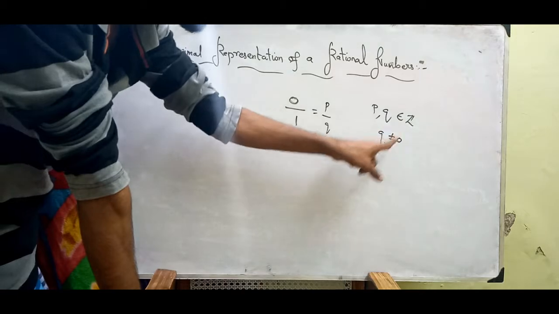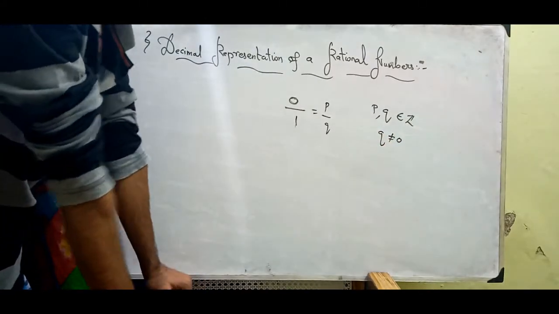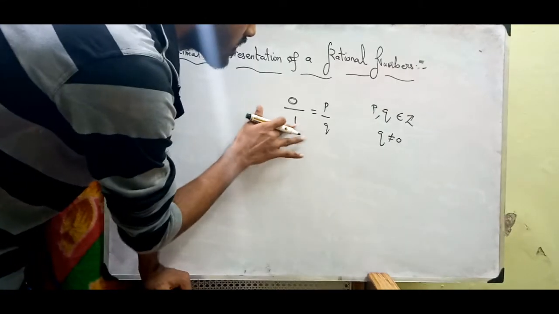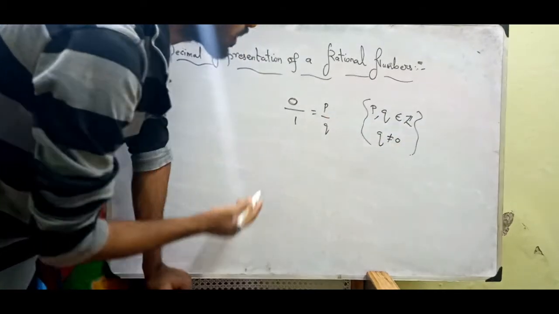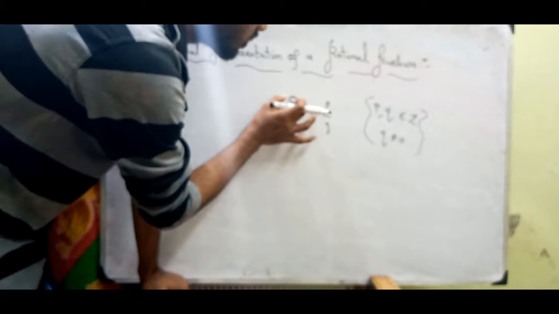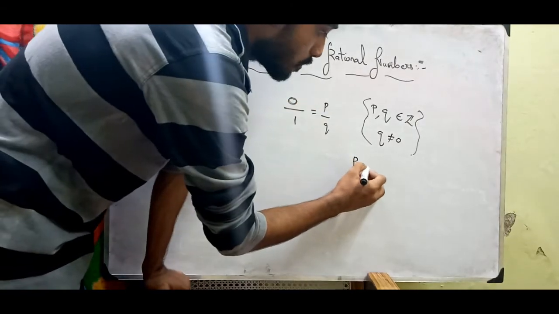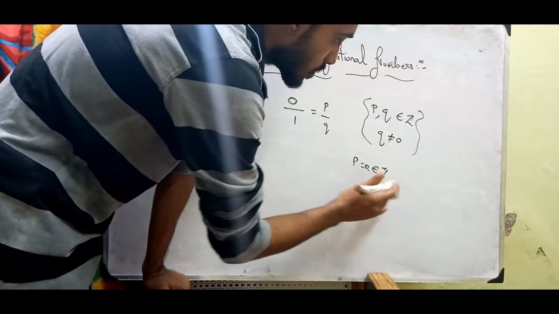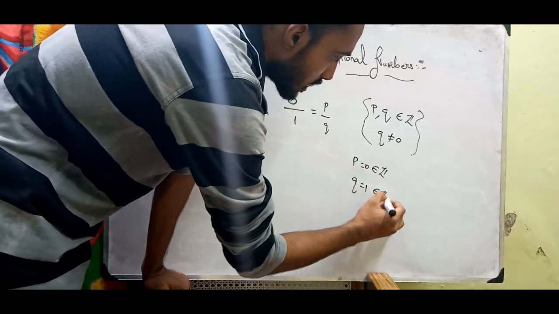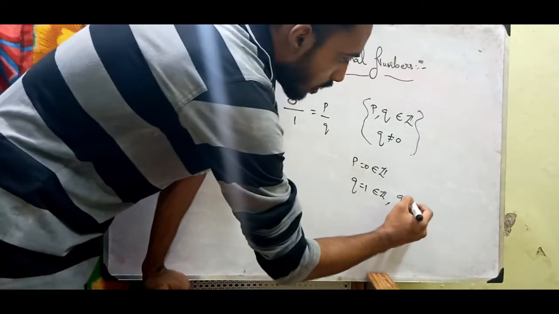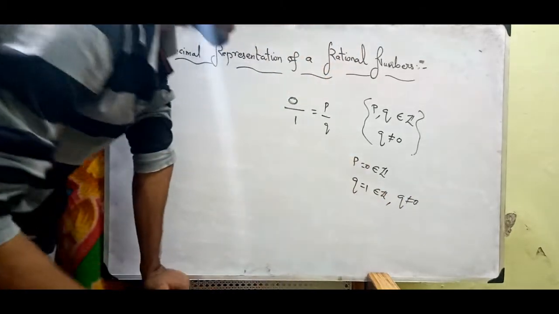Here p is 0, which clearly belongs to integers, and q is equal to 1, which also belongs to integers, and q is not 0.